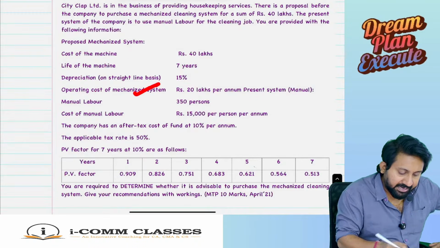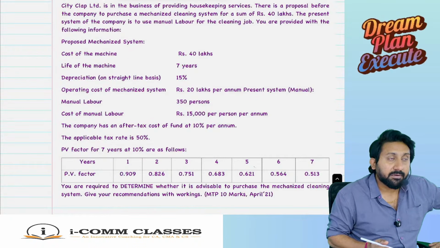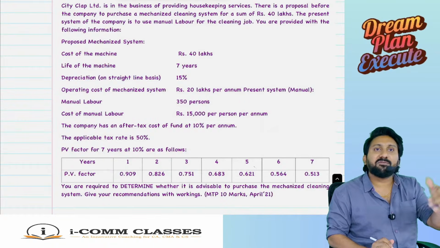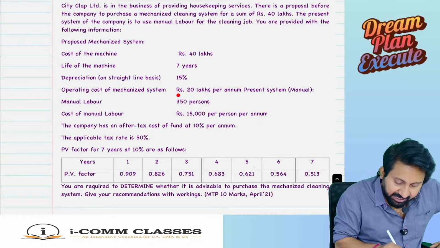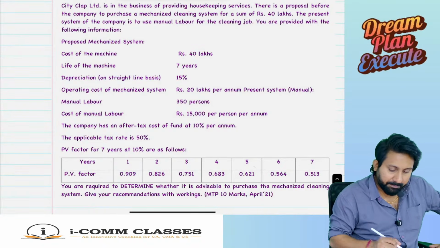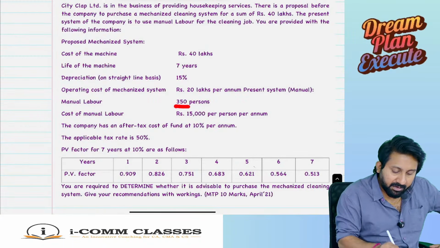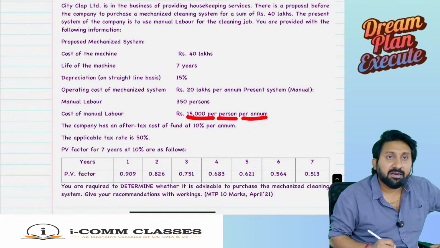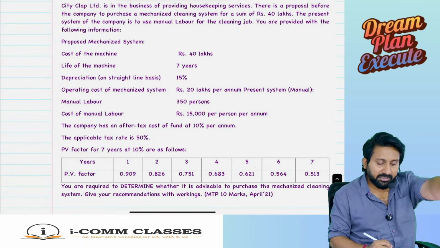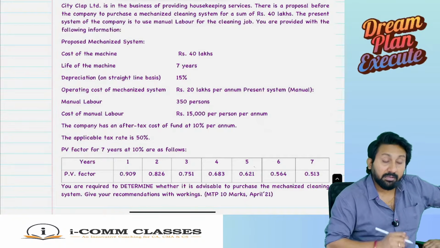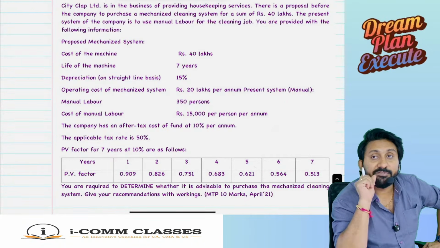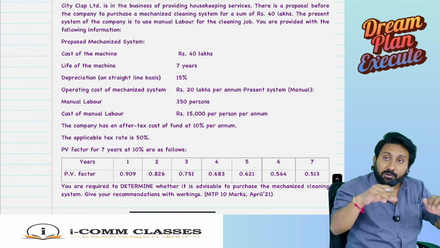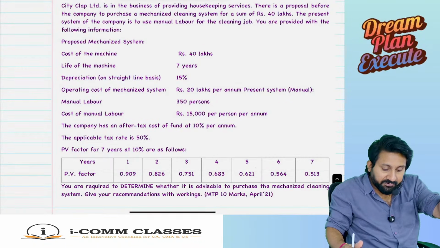Operating cost of the mechanized system: it will have a lot of electricity cost and so many other operating costs, 20 lakhs per annum. In the present system, manual labor, 350 persons are required. Cost of manual labor is 15,000 per person per annum. 15,000 into 350 is the cost we incur with the manual model, 52 lakh 50,000.